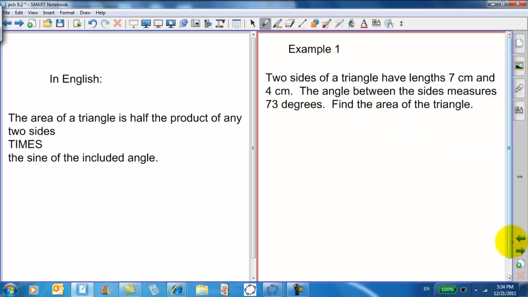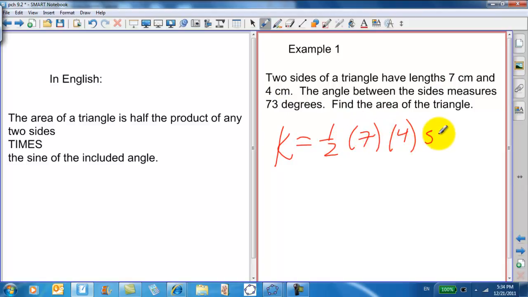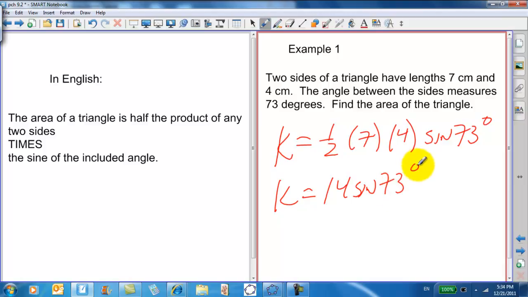Now let's try this in our first example. Two sides of a triangle of length 7 and 4. The angle between the sides measures 73 degrees. Find the area of the triangle. So we can say the area equals 1/2 times 7 times 4 times the sine of 73 degrees. So K equals 14 sine 73, and let's put that in the calculator.